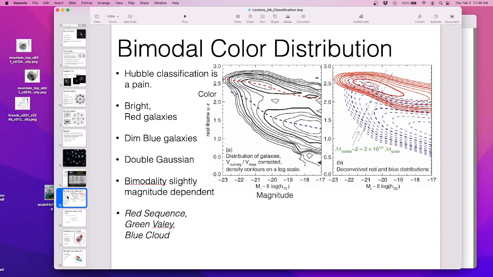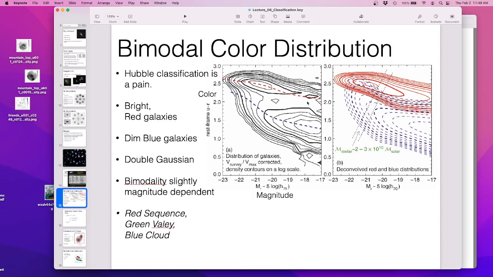The star formation in the galaxy really sets the colors of the galaxy. If there's a lot of star formation, there's a lot of young stars. If there's a lot of young stars, it's blue. If there's not a lot of young stars, it's red. Seems like a really overly simplistic way to classify things, but that's what we do. So the redness is the vertical axis, and so we have a big blob up here of red galaxies that are bright, big blob down here of blue galaxies that are less bright.